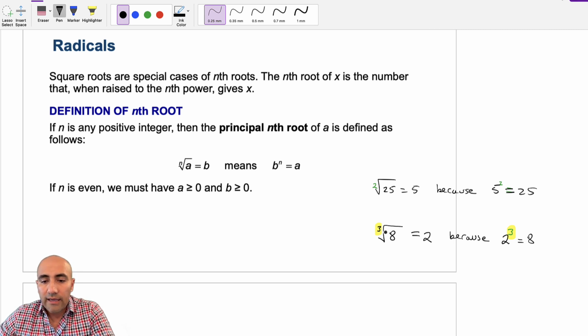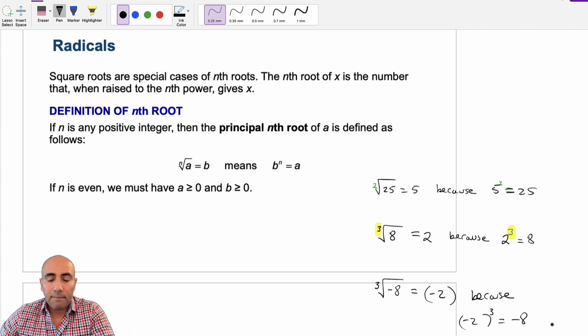So here, for example, this is an odd index. n is 3. That's an odd number. So if we have a 3 there, we're allowed to have a negative 8 there. There is a number such that when you multiply by itself 3 times, the answer is negative 8. And in this case, that would be negative 2, right? And that's because negative 2 to the power of 3 equals negative 8.